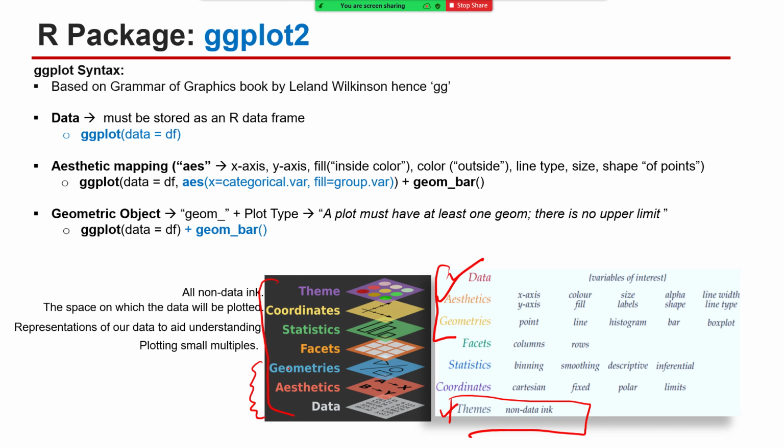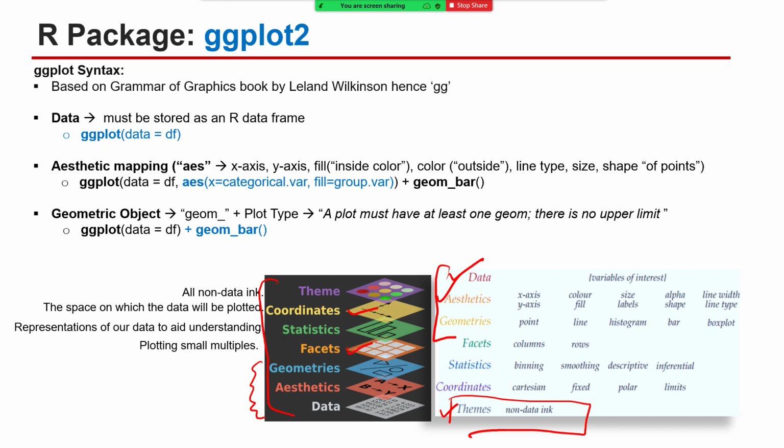So you can add some factors or some objects with the help of statistics, coordinates, theme, depending upon what you want to do with the graph. Whether you want to add some statistics such as mean, standard deviation, error bars, confidence intervals. Whether you want to see the graph horizontally or vertically, you can use the coordinate, as we have seen, flip coordinates.